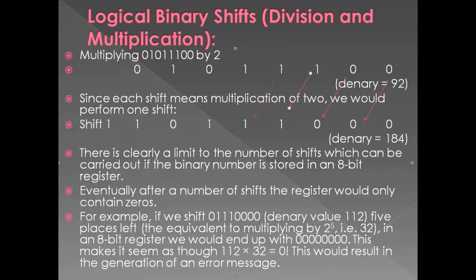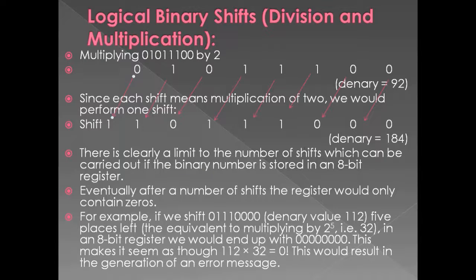This one is shifted over here, this 0 is shifted over here, this one is shifted over here, and this 0 is shifted beyond the value of the 8-bit register, so this is discarded, whereas the place which is left now we fill it with a 0 and we get the denary answer as 184.